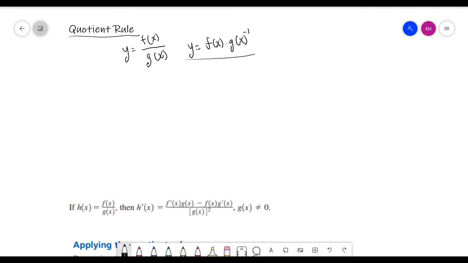So using the product rule, I will get y prime equals the derivative of the first function, f of x, so it's going to be f prime x, times the second function stays the same, so we're going to have g x to the power -1, plus the derivative of the second function, g of x to the power -1. Now to find the derivative of that, we're going to use our power of a function rule.